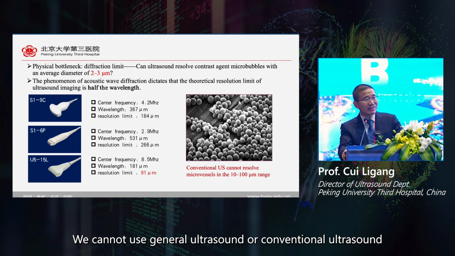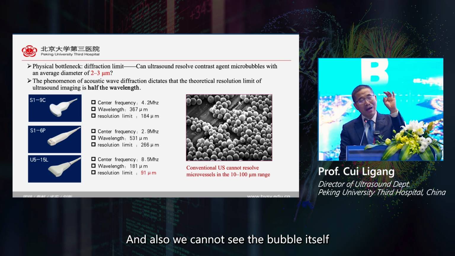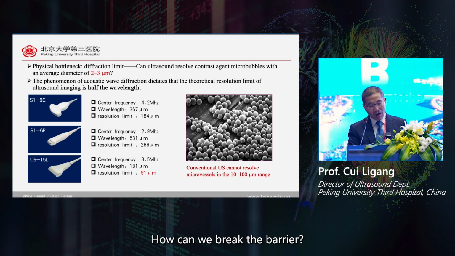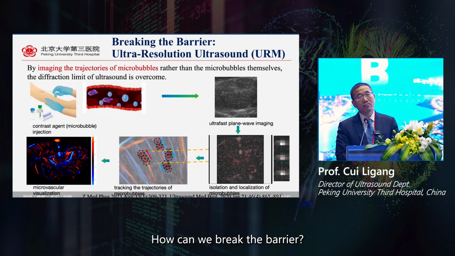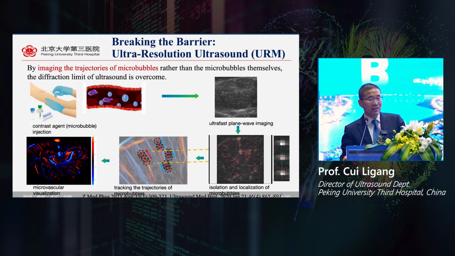So we cannot use general, conventional ultrasound to describe microvessels within 10 micrometers. And also we cannot see the bubble itself because the bubble is too small. How can we break the barrier? The new technology, ultra-resolution ultrasound, is a new technique.